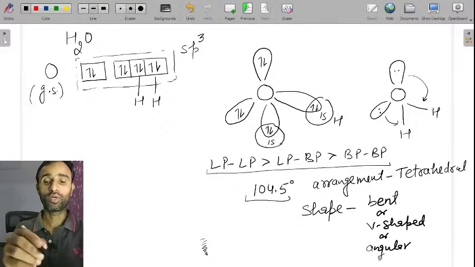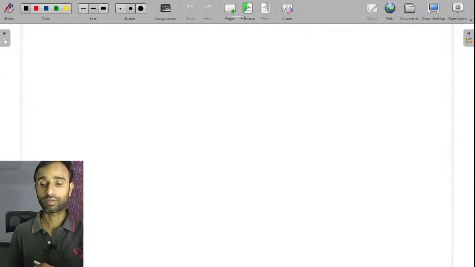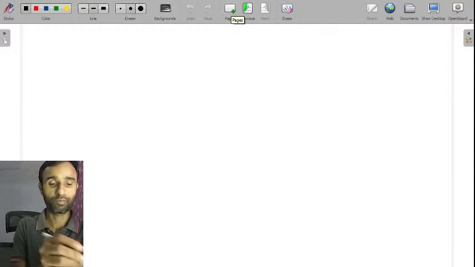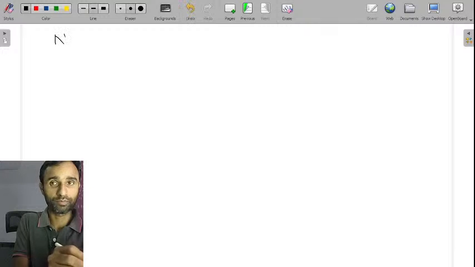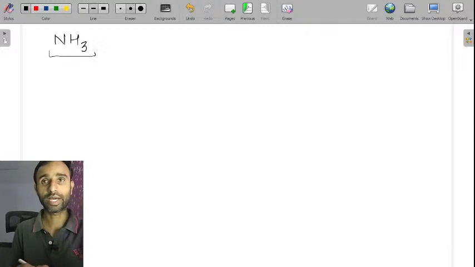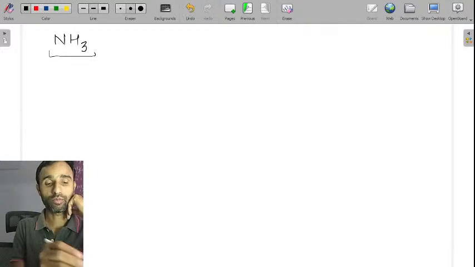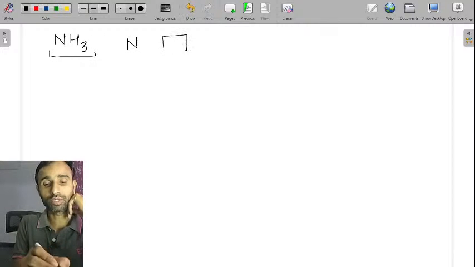Okay, now NH3. In NH3, you know, nitrogen should form 3 bonds. So nitrogen has 2s2, 2p3.